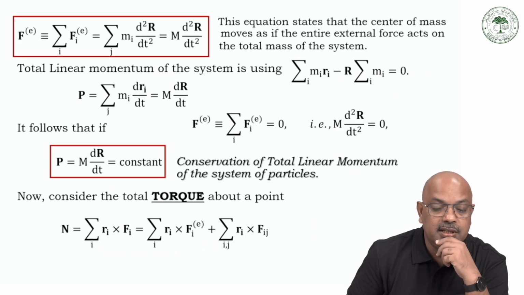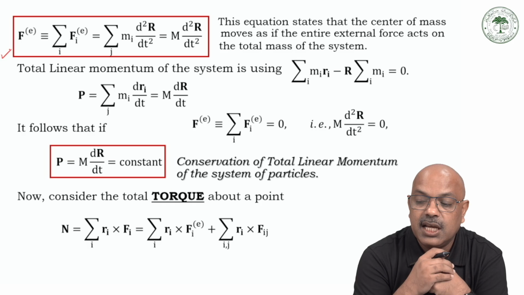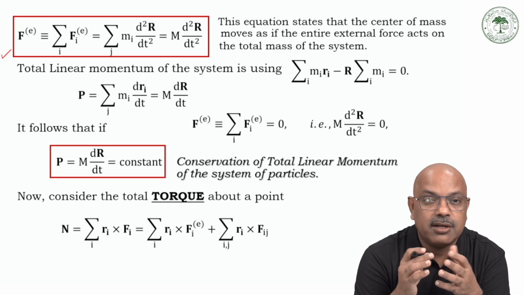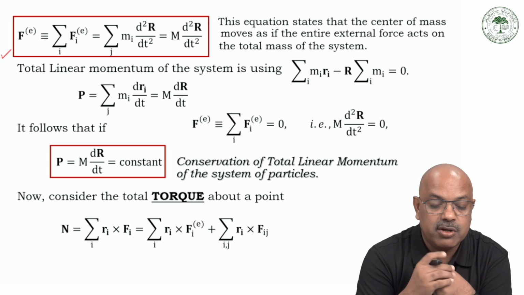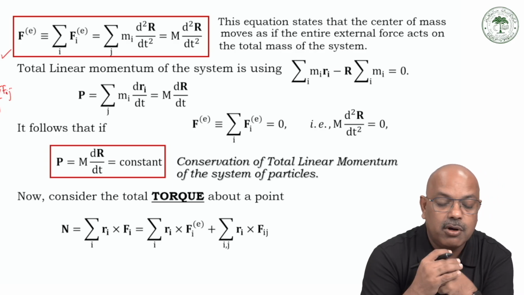So moving further, this equation states that the center of mass moves as if the entire external force acts on the total mass of the system, because the sum over the internal forces Fij is not going to contribute.